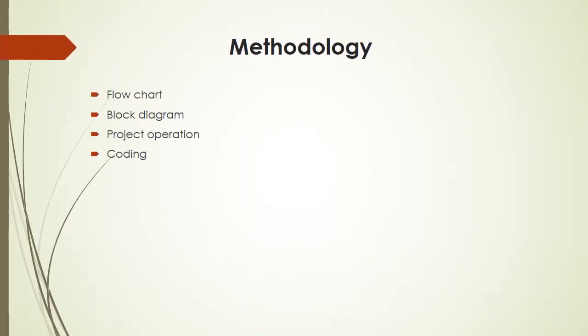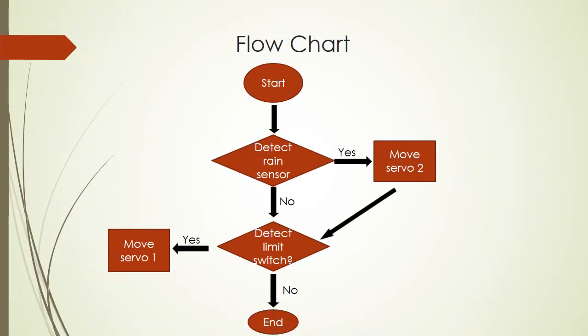Next we will move to the methodology. For this chapter, we will have the flowchart, block diagram, project operation and the coding. Here is the flowchart of my project. The first step is start, which is to turn on the power supply.